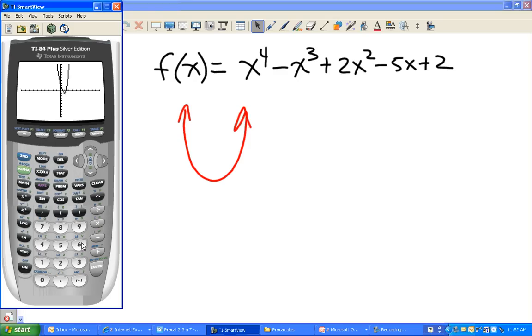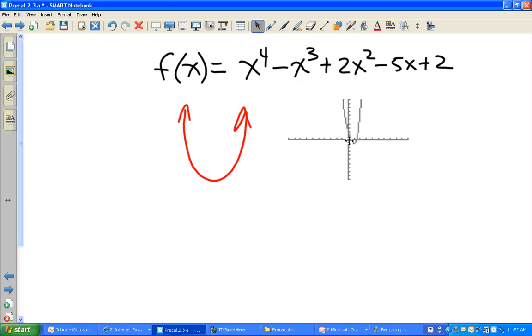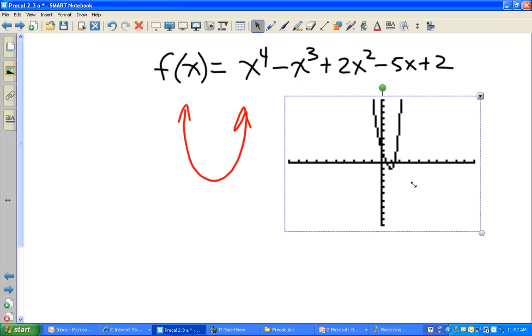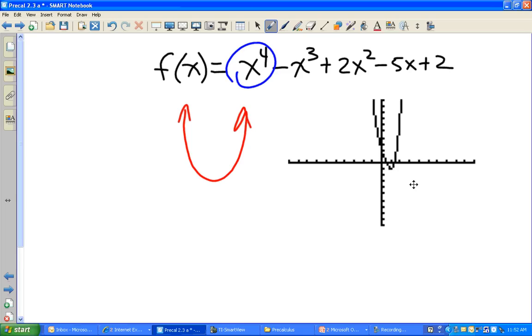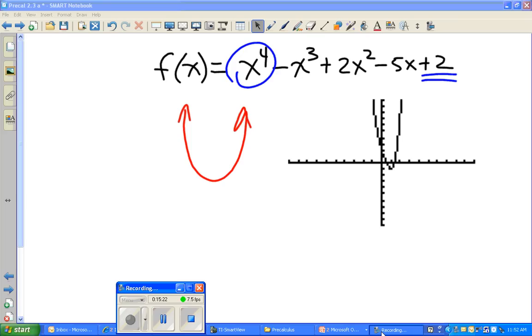It's just slightly slanted as it's caused by the x cubed function. But you can see that what really drives the shape of the parabola is the leading term, x to the fourth. And it looks like a parabola. It looks like it's just been shifted over and down just a little bit. And you might be expecting this to be shifted up too, but the reason it's not is because of the other terms in there.